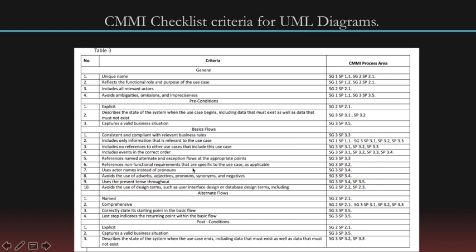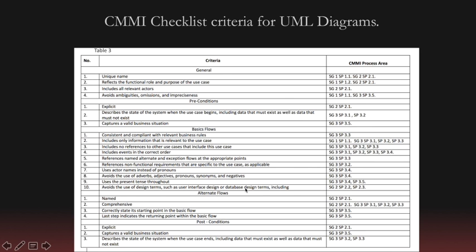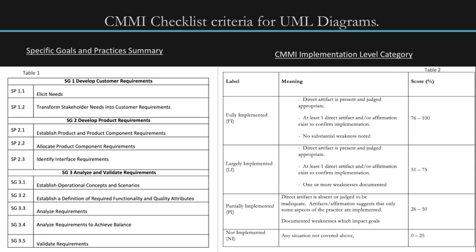If we follow these criteria we can compute the score, and the outcome we see in table 3, that is the CMMI implementation level category.